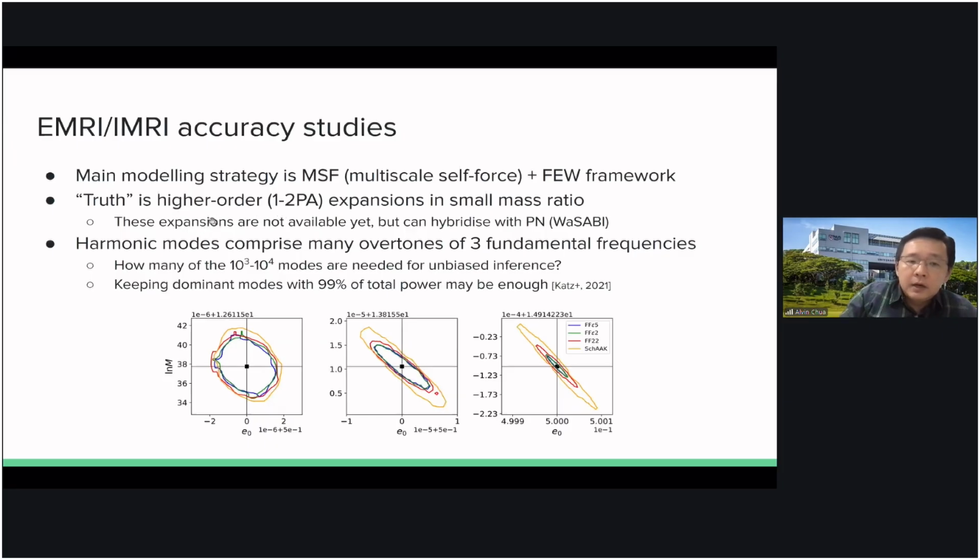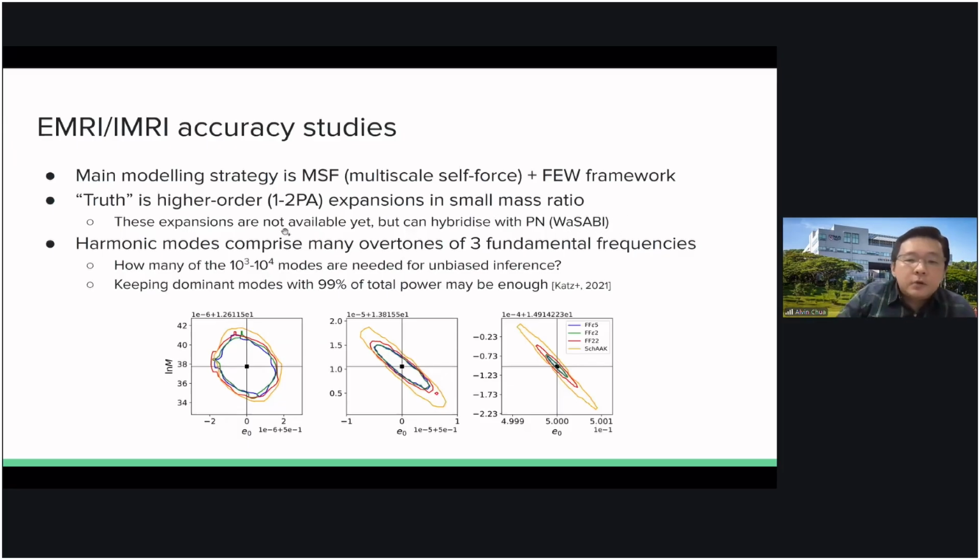And by higher order, I mean 1 to 2 post-adiabatic order. These expansions, however, are not available yet. And in the case of 2PA, they may not even be available in the foreseeable future. But there's another approach where we can hybridize with post-Newtonian information. This is the focus of the Wasabi models.